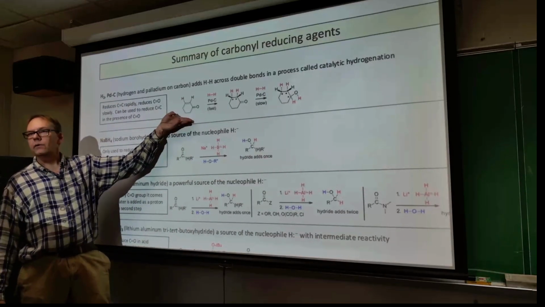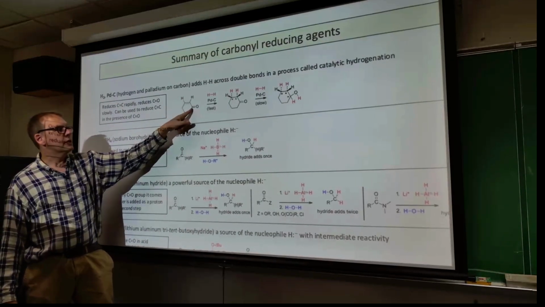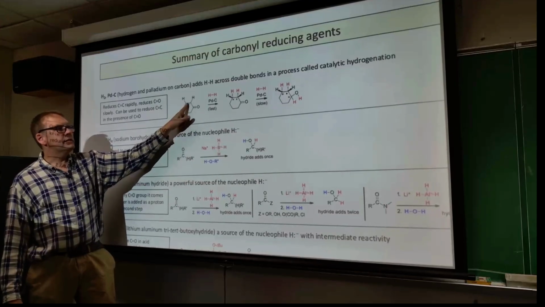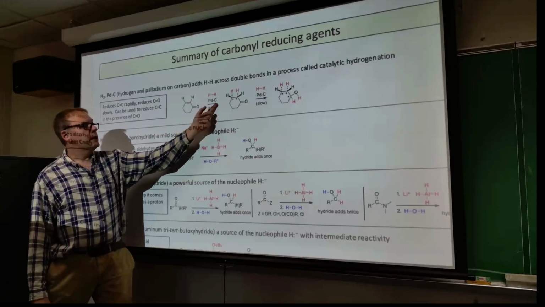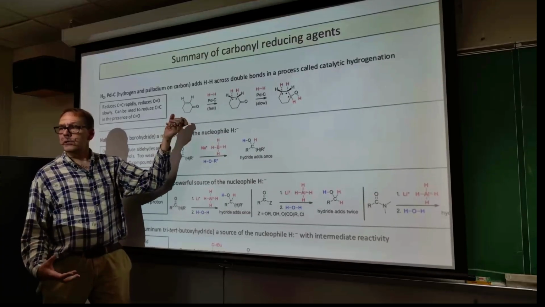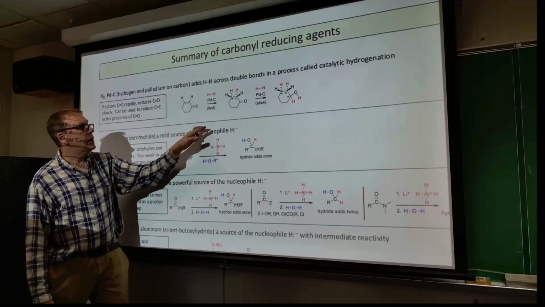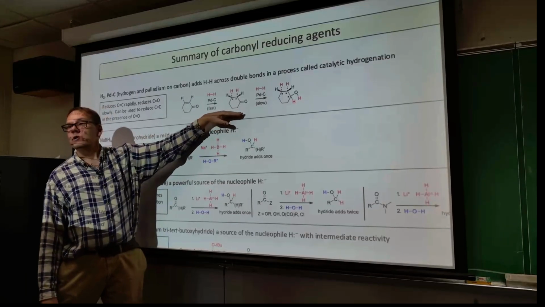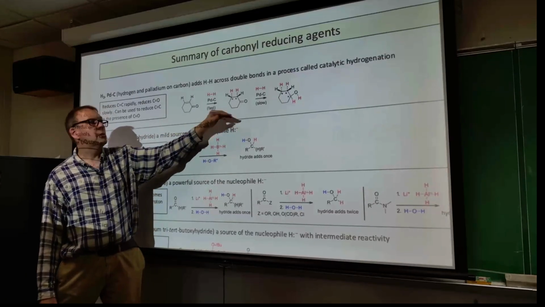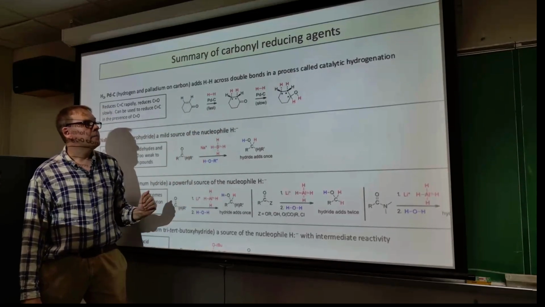So this is a molecule that's got two different functional groups in it, a C double bond O and a CC double bond. And so what this is saying is that if you put hydrogen in and palladium on carbon, just like we learned earlier in the semester, it'll add across that bond and give you a new molecule that's reduced. So it adds across the carbon-carbon double bond. And that's a fast reaction.